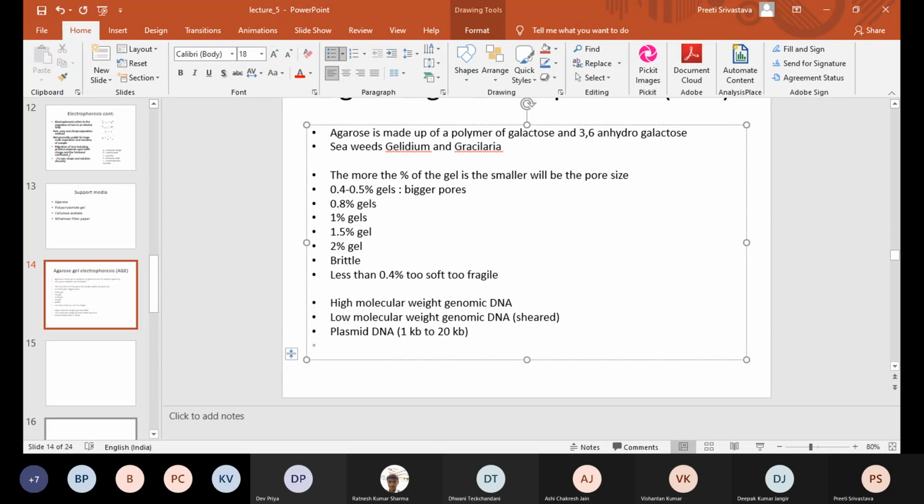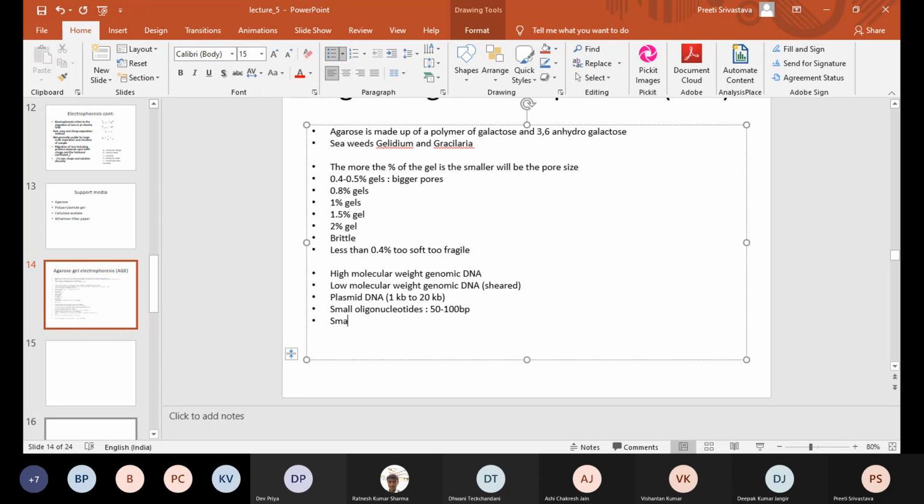Then you can have small oligonucleotides, which can be in the range of 50 base pairs, and then you can have small DNA fragments in the range of, let's say, 200 to maybe 500 base pairs, right?